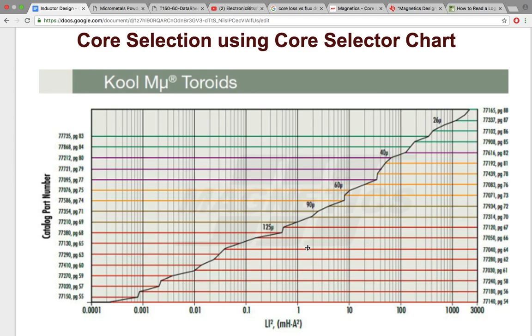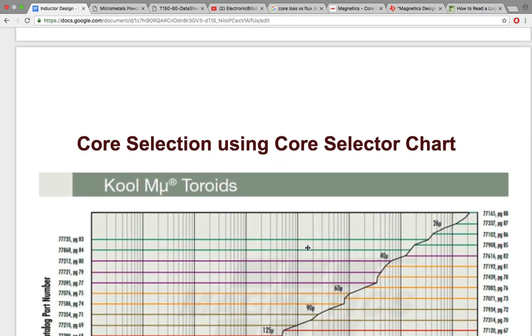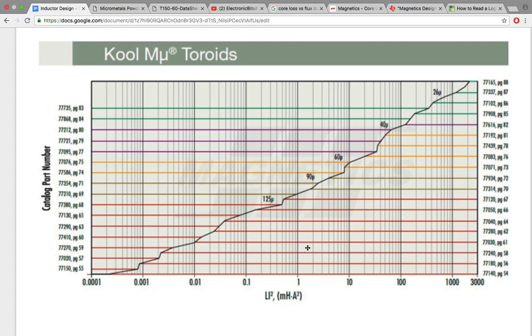And for this I have got it from Magnetics, who have provided this chart for selecting the cores, but some other manufacturers may not provide this. So depending upon the manufacturer data sheet, or the availability of the data, you can choose the method. Okay, so this is the first method, which is very simple to use.